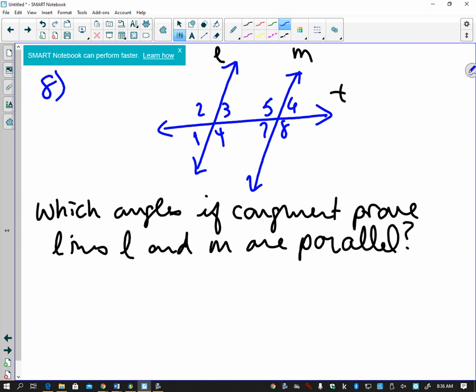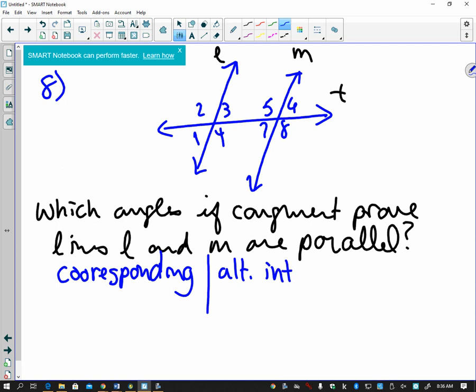You have to go back to lesson 12 and really understand these categories: corresponding angles, alternate interior angles, and alternate exterior angles.